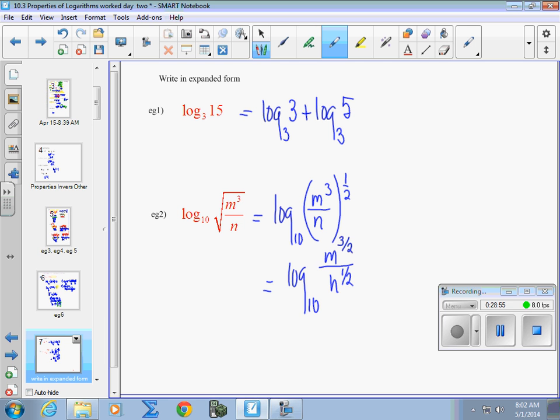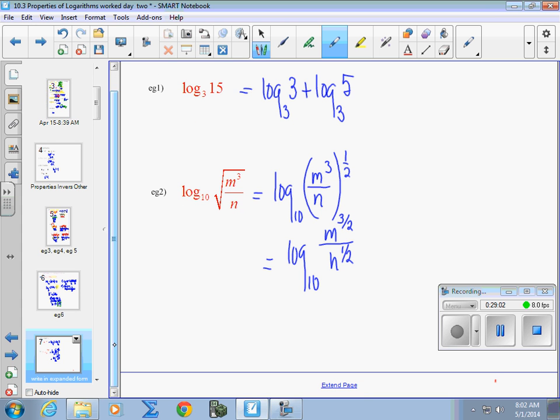Everybody okay with that? So divided by means you're going to subtract, right? So you have log base n of m to the 3x minus log base n of n.